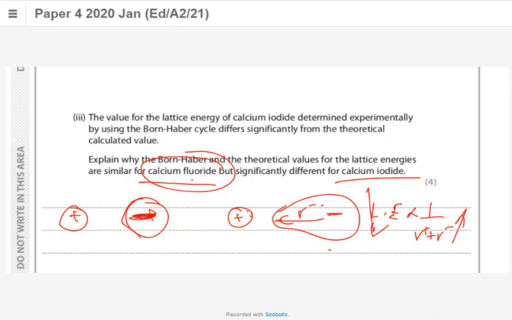Calcium ion polarizes the iodide ion to a greater degree than the fluoride ion.